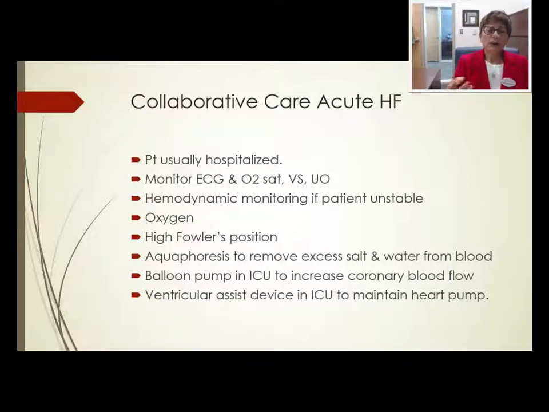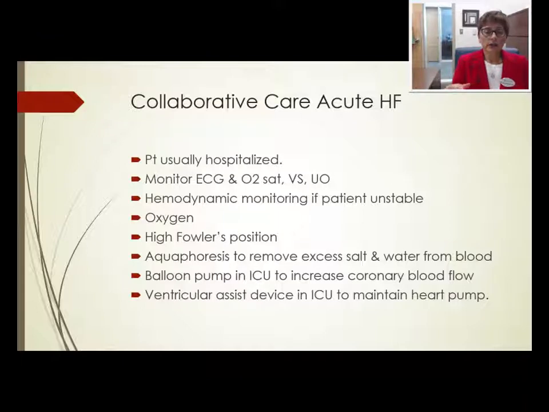They may have aquapheresis to remove that excess salt and water from the blood, and that's like kidney dialysis, but it's just to remove that excess water and salt while they're in acute decompensated heart failure.